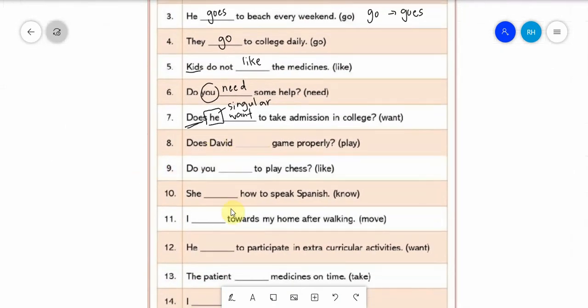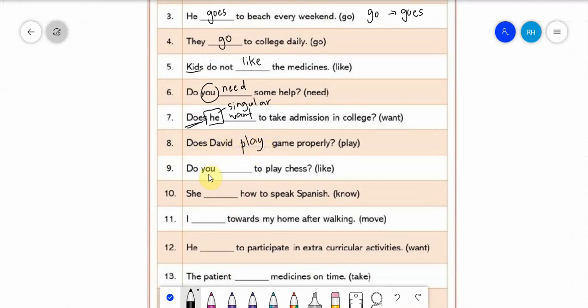Number 8, same thing as question number 7. Does David play? Number 9. Do you like? Number 10. She is singular, so we have to put s for the verb. She knows.